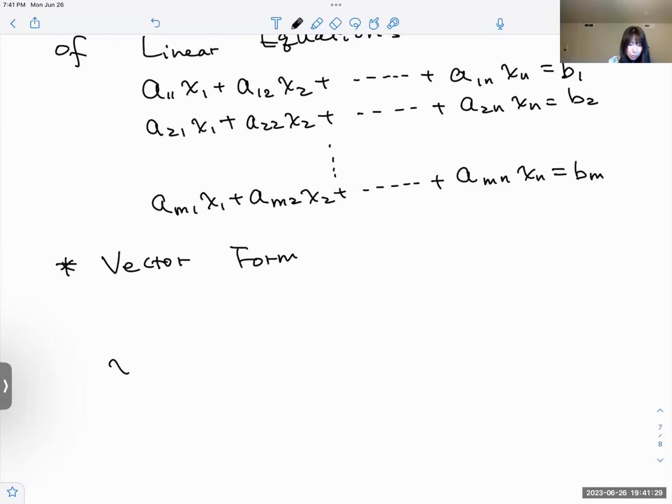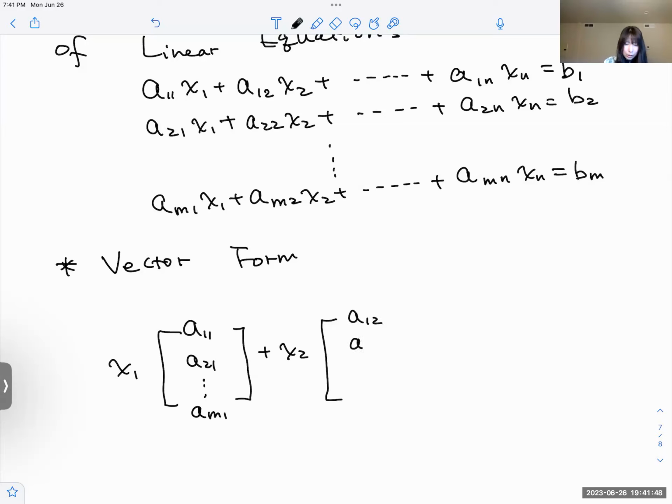We take out the x1, the column vector will be a11, a21, am1, plus x2 times a12, a22, am2.